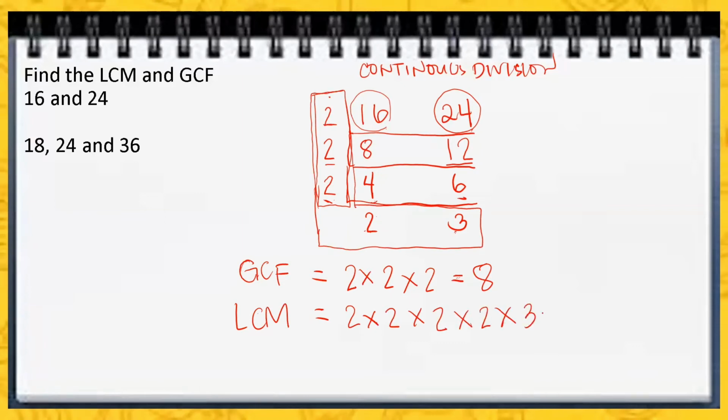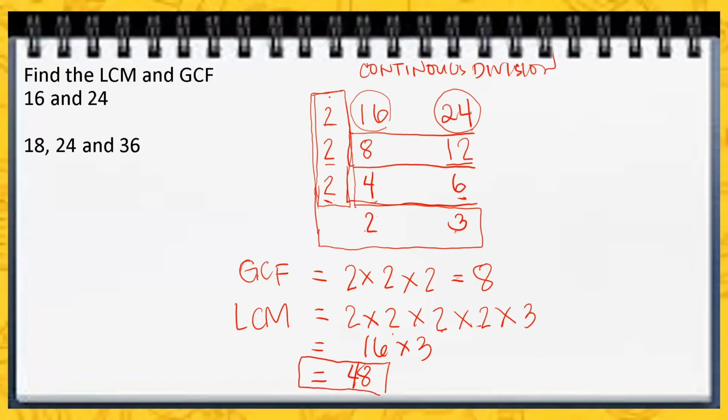And then this the answer is, so pwede nating isolve. So 2 times 2 is 4, times 2 is 8, times 2 is 16, then multiplied by 3, so it is equal to, so 16 times 3 is 48. So the LCM of our 16 and 24 is 48.